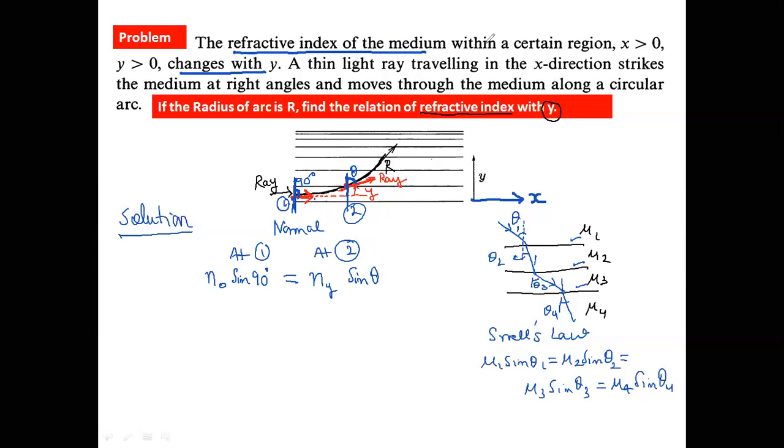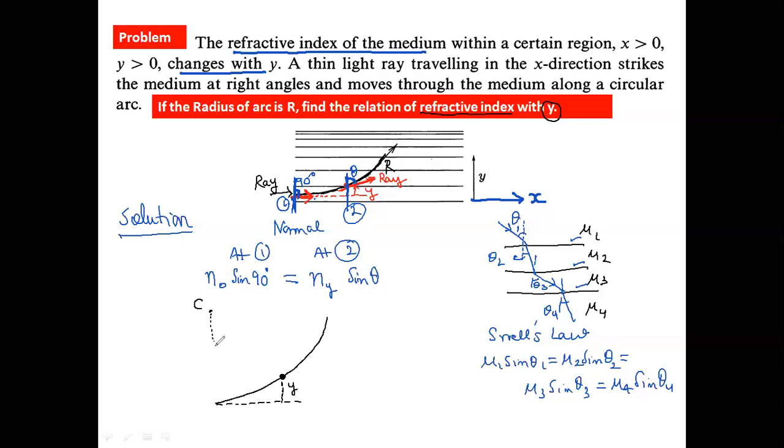In order to find sine theta, we will use some mathematical calculations. We have a circular arc of radius r, and we considered a point at a height y from the initial level. Suppose the center of curvature of the arc is at this point.